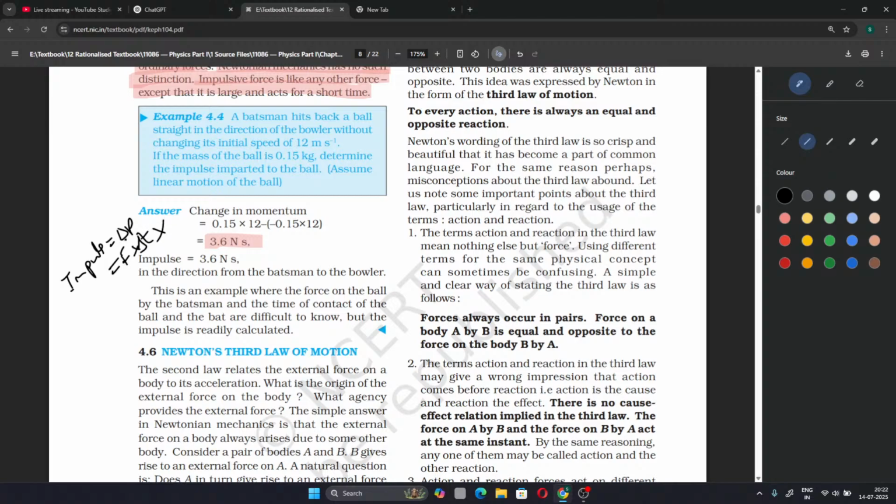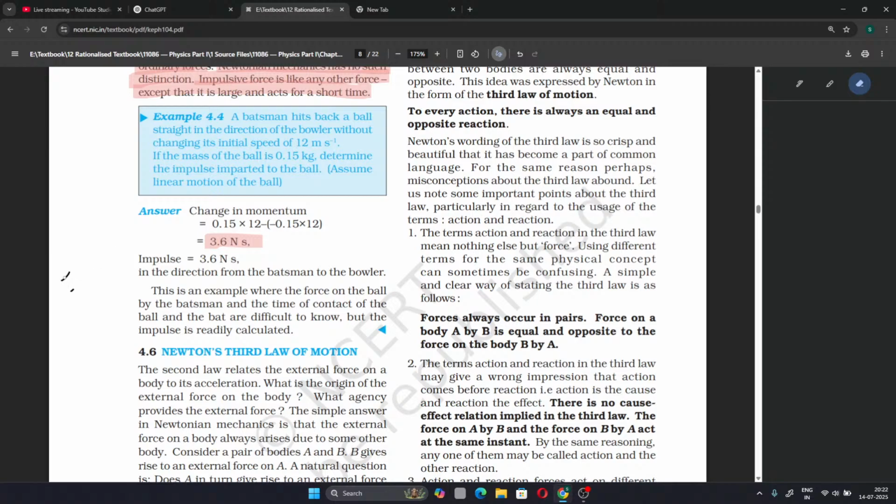So this is not the formula we go to. We use this formula because they gave us the mass of the ball and the velocity of the ball. Using that we find the change in momentum, the final minus initial momentum, which is basically nothing but the impulse.